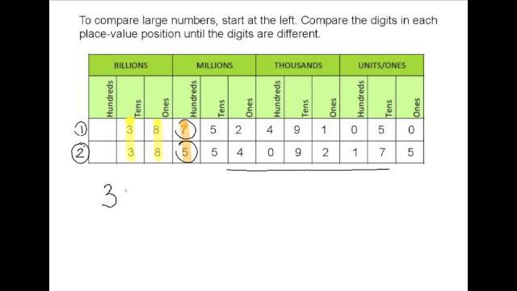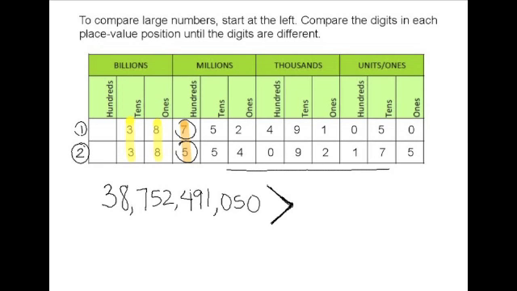So I'm going to have 38,752,491,050. And I said that that is greater than, so I'm going to draw my greater than symbol. The greater distance is next to the large number, and the small distance between these two lines, or no distance at all, is pointing to the smaller number.